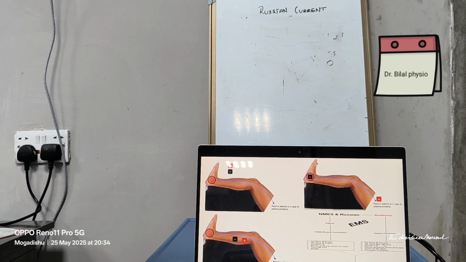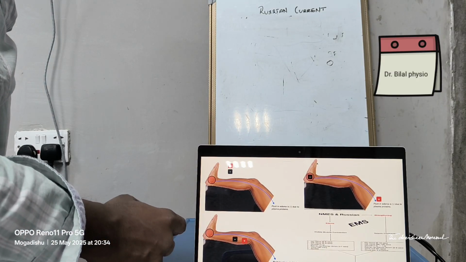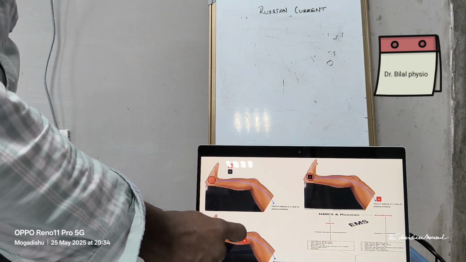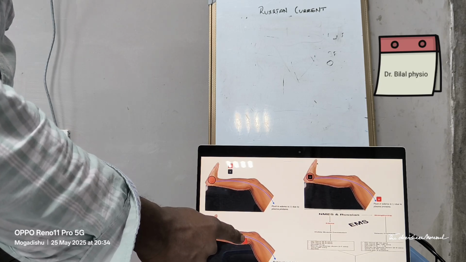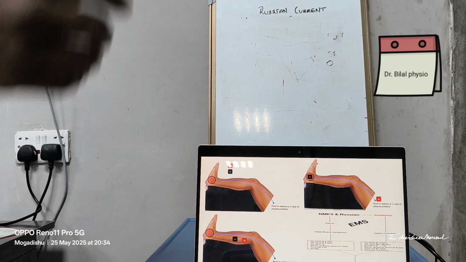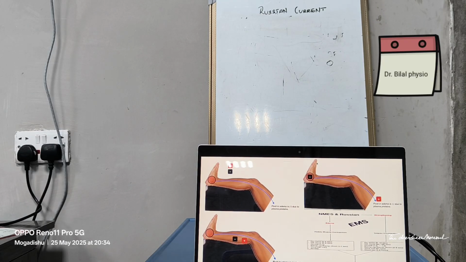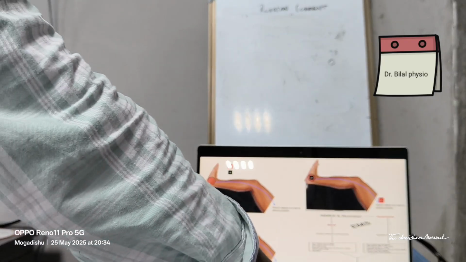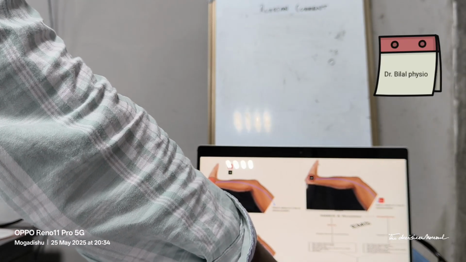Or in case of the gastrocnemius, if we are using 4 channels, we can use 2 channels for the medial head and 2 channels for the lateral head of the gastrocnemius muscle for the muscle pumping action. This is how we have to place the electrode.